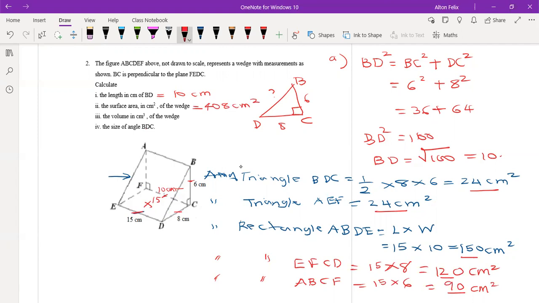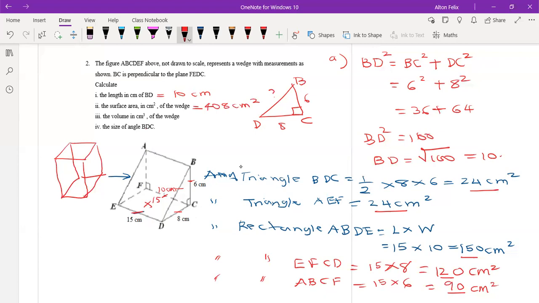Right, so the volume of this wedge. Now, if we look at a wedge as half of a block, right? If we have a block of wood like this, and we cut it straight down the center, we'll get a wedge resembling this.